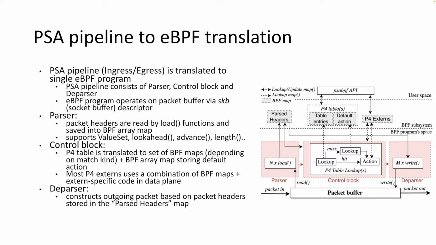Moreover, PSA externs are translated to a set of eBPF instructions and BPF maps, and I will explain more details in the next slides. Finally, the deparser takes parsed packet headers from the per CPU array map and constructs an outgoing packet that is sent out via the output port.